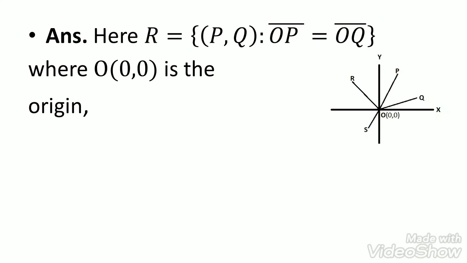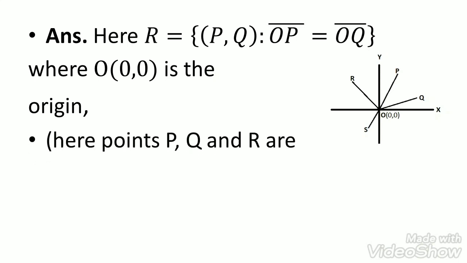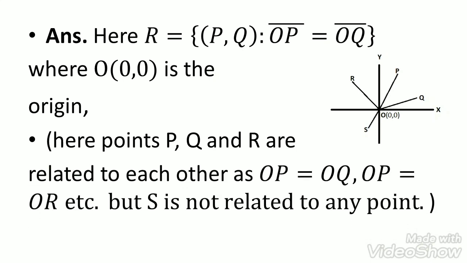Therefore, by the definition of R, P will relate to Q, and P will relate to R also because their distances from the origin are the same. Even Q will relate to R. These 3 points P, Q and R are related to each other.